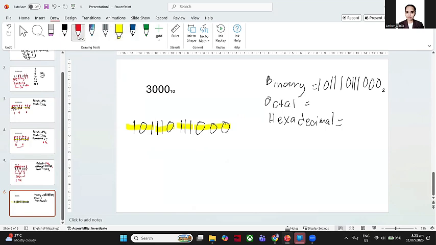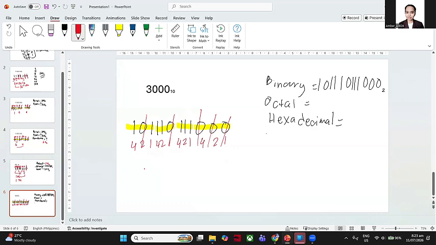Now we have 1, 2, 4 for each group, and then we cross out the zeros.